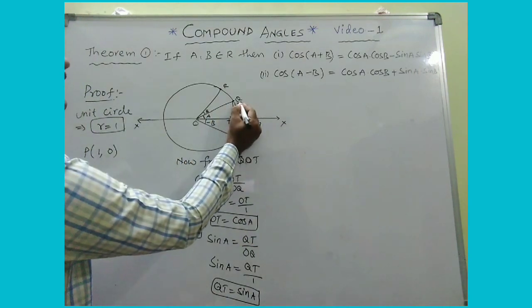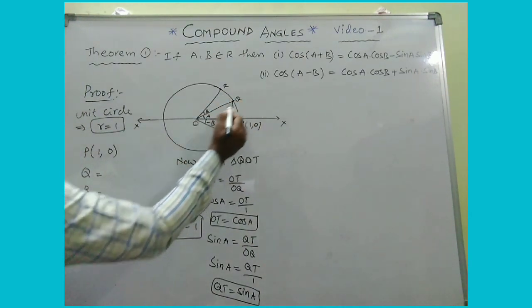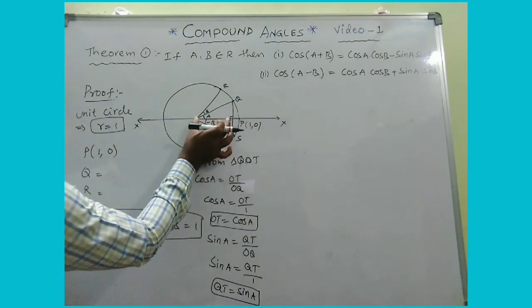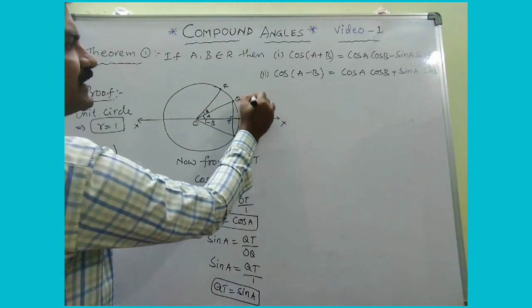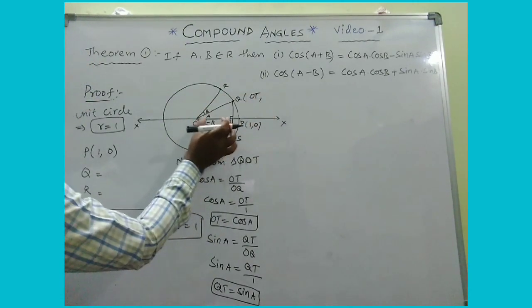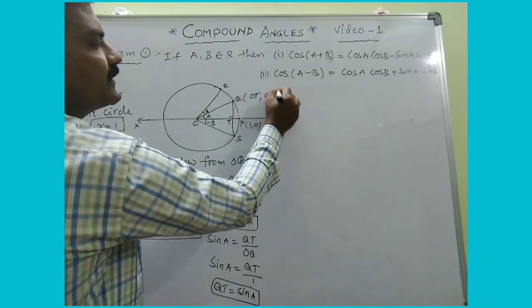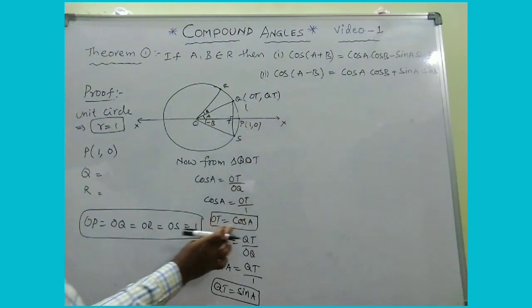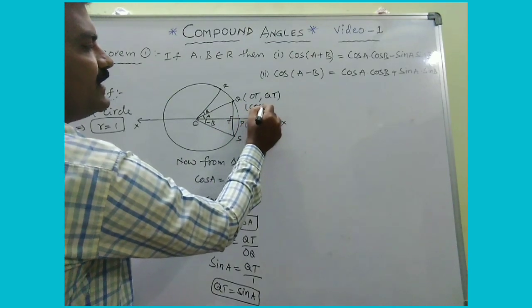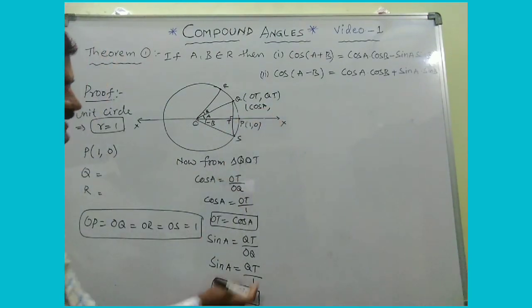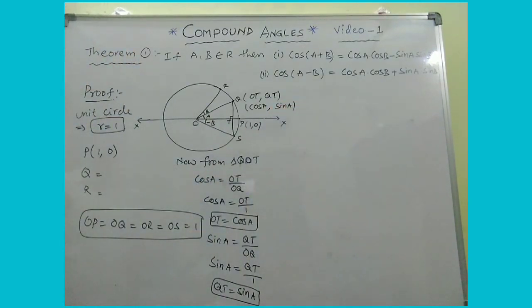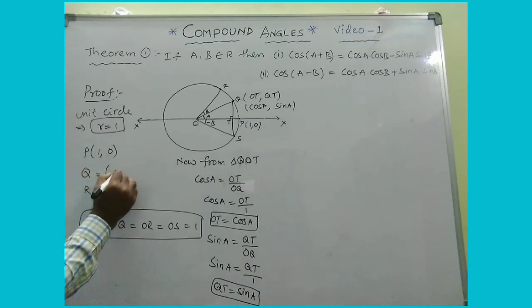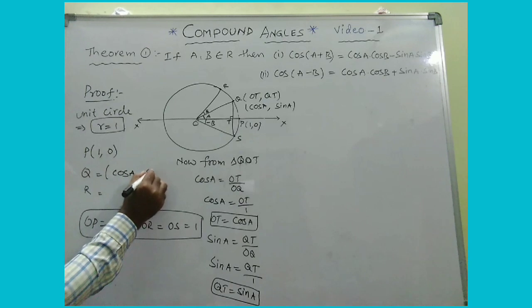I want the coordinates of capital Q, meaning the x coordinate and y coordinate. The x coordinate is OT and the y coordinate is QT. OT is cos A and QT is sin A. So I got the coordinates of point Q: cos A, comma, sin A.